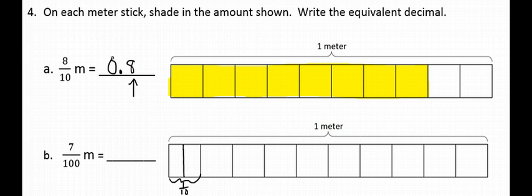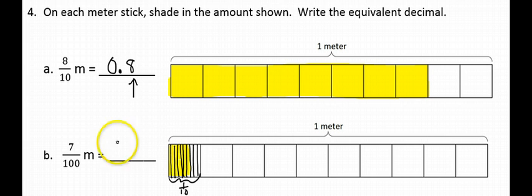They're going to be very small pieces. So each piece now is 1/100th, and I will shade in 7 of those pieces to show 7/100ths. And you can see how small 7/100ths is compared to the entire meter.